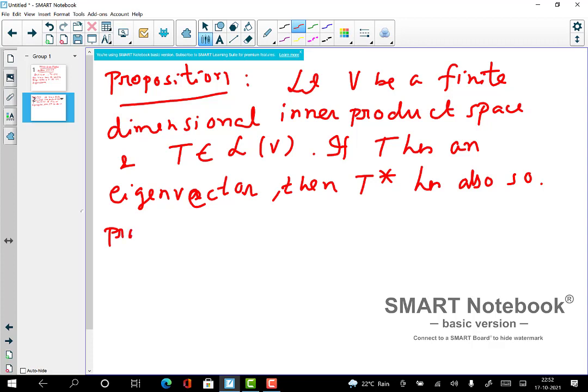Proof. It is given that T has an eigenvector.